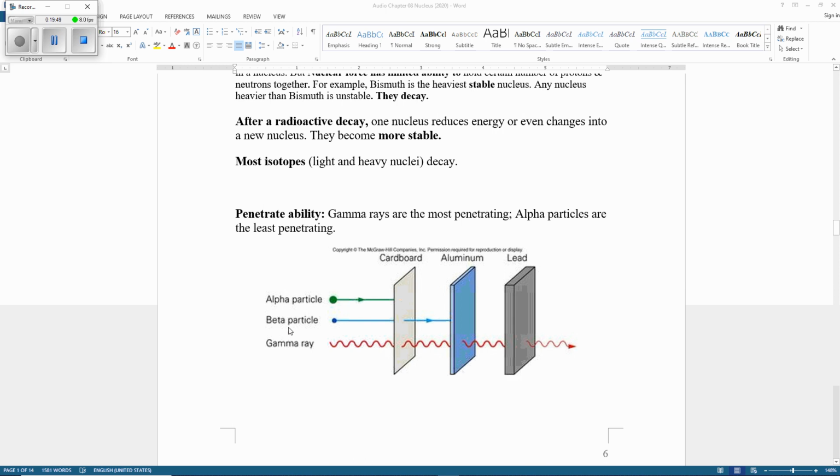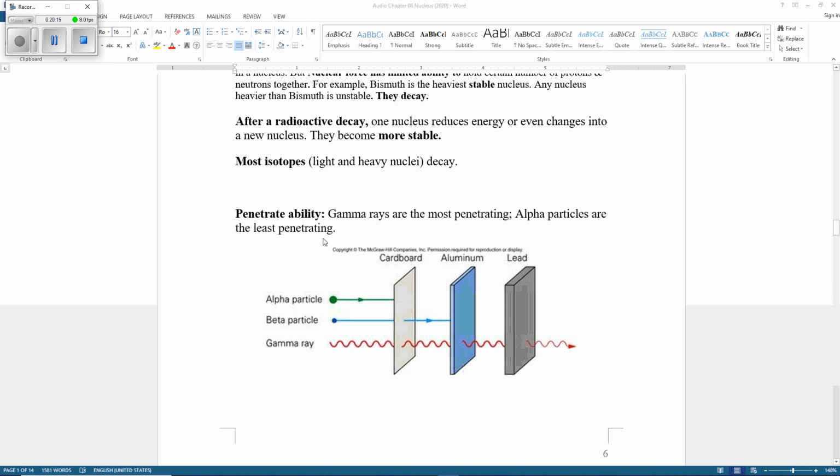Now beta particles, which are electrons, can pass the cardboard, but aluminum foil can stop them. The gamma ray is the most penetrating. Gamma ray can pass the cardboard, aluminum foil, even the lead block, although it will lose some energy.